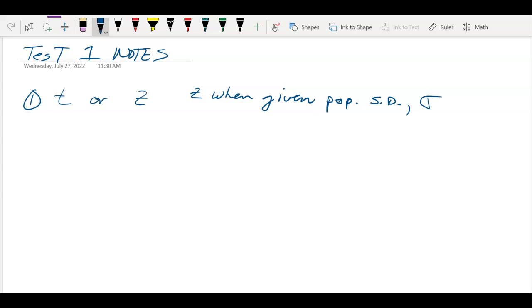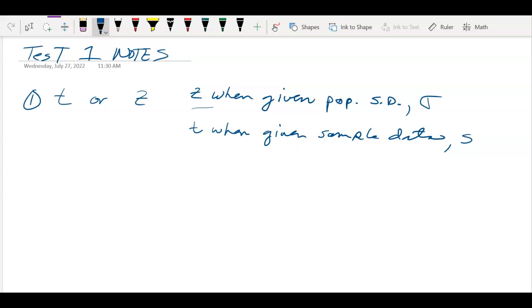If you are only given sample data, then you use your T distribution. When you are given sample data, of course, it's a statistic S. When you are given population data, it's the parameter sigma.